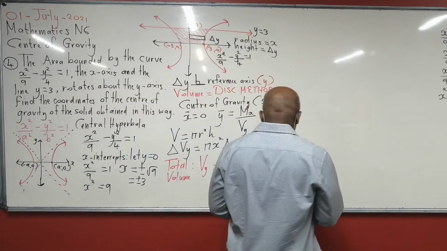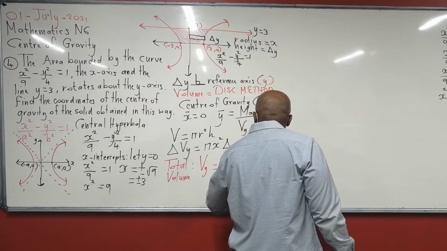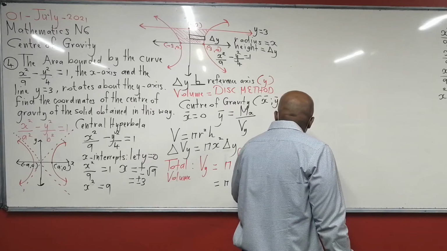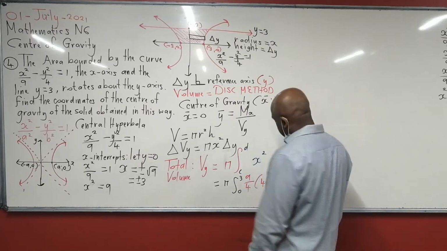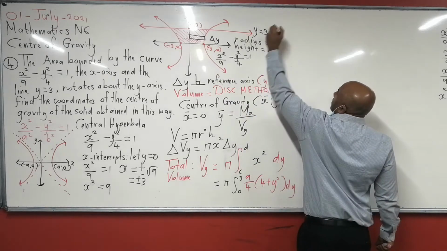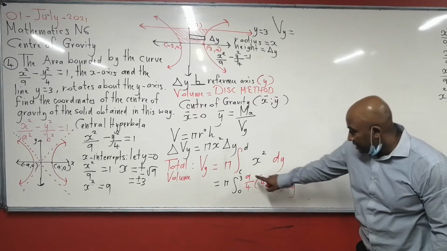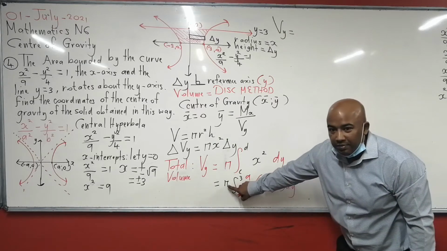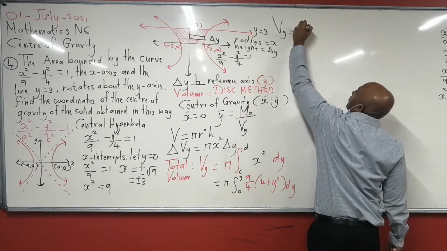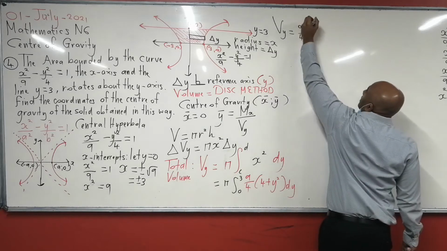So what is x squared? It is 9 over 4 times 4 plus y squared, dy. My constant is 9 over 4 times pi. I need to integrate this part here.